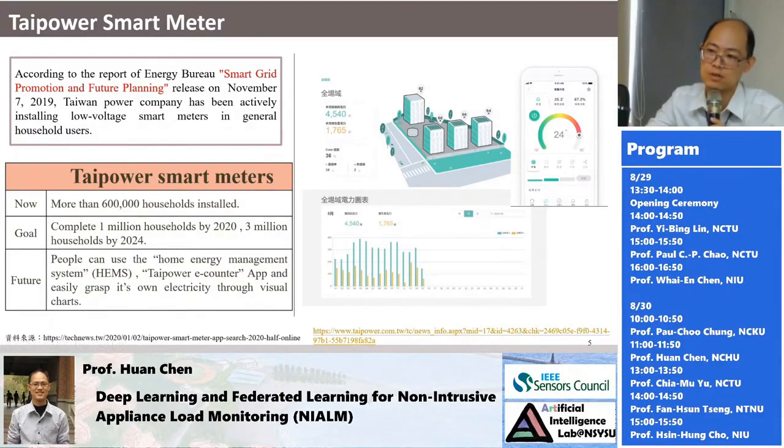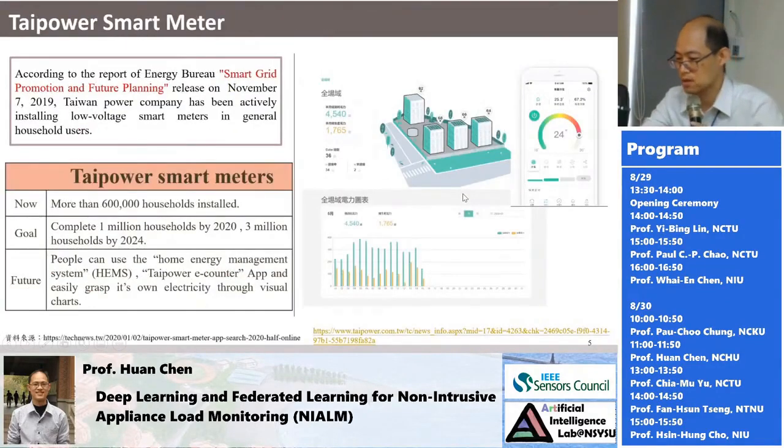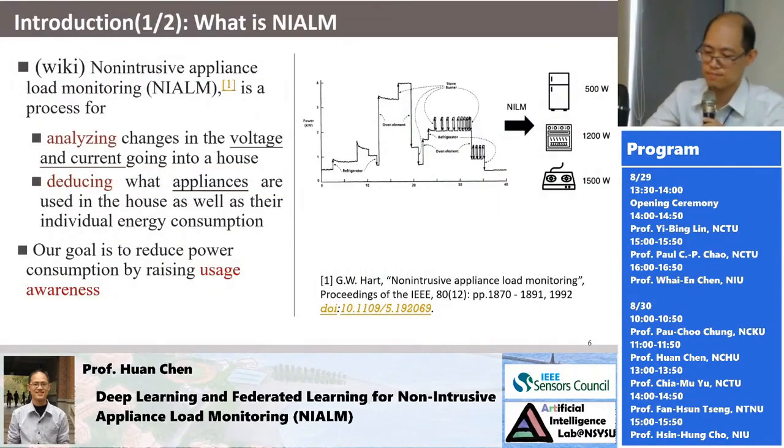Everybody can download the app from the app store, so it's available right now. Taipower has actively promoted this. Right now you can see the usage of your home, but they have not developed non-intrusive load monitoring yet. So it's a great opportunity for us to do this research.